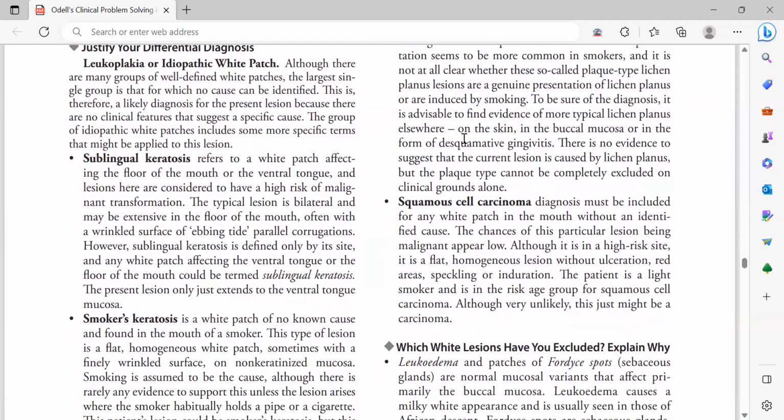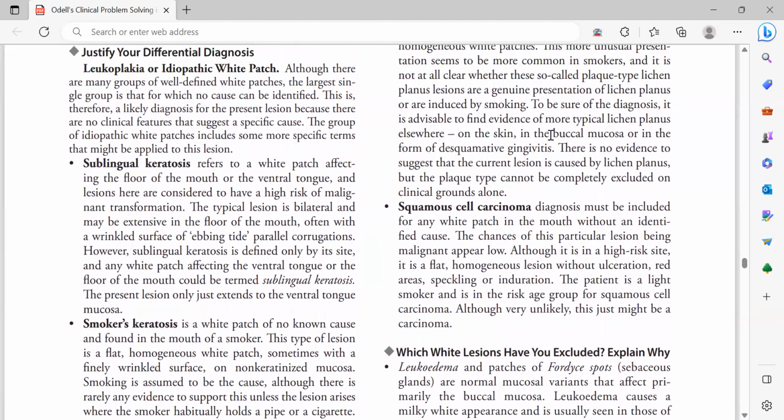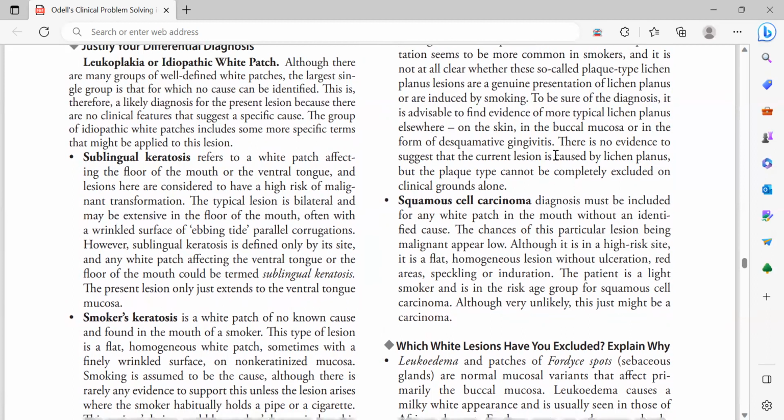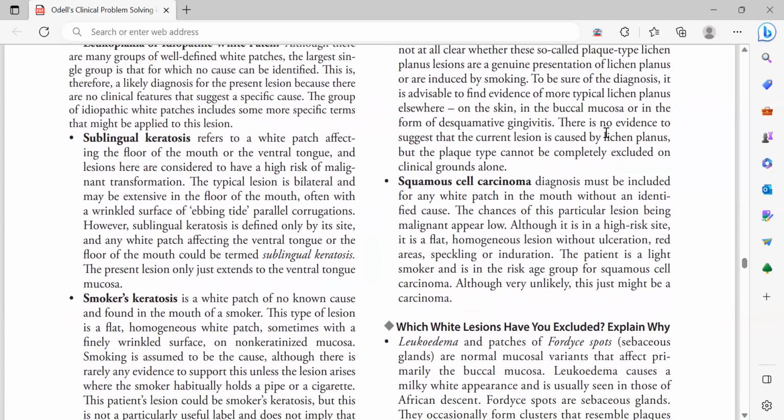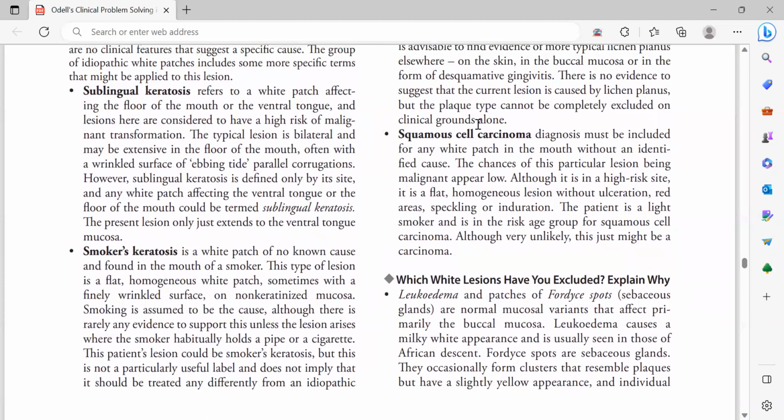So to be sure of the diagnosis, it is advisable to find evidence of more typical lichen planus elsewhere, because lichen planus does happen on the body, so you need to find it anywhere else as well, or in the buccal mucosa or in the form of desquamative gingivitis, but there is no other evidence in this patient. But we cannot exclude it only on clinical grounds, so we can do certain investigations.